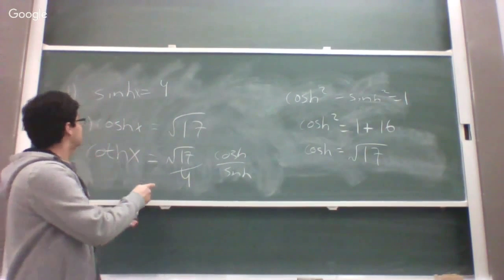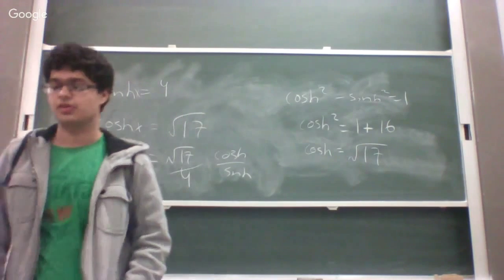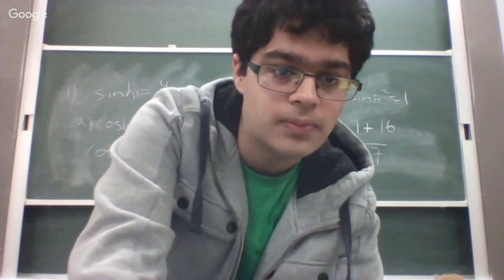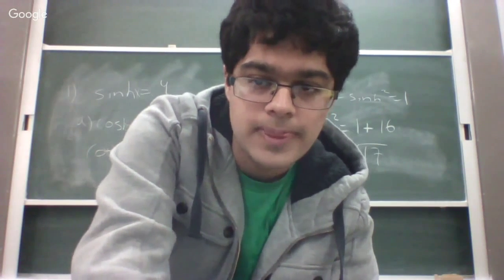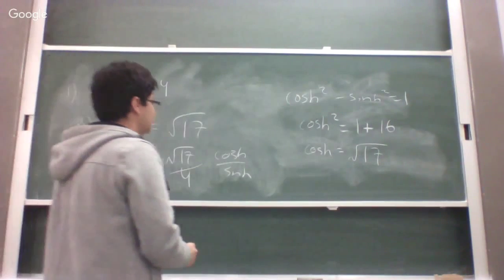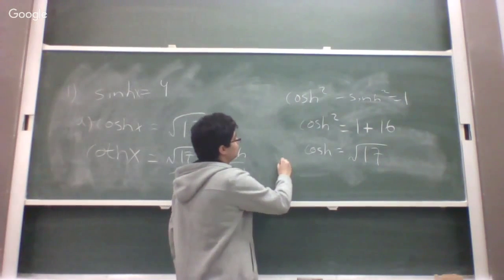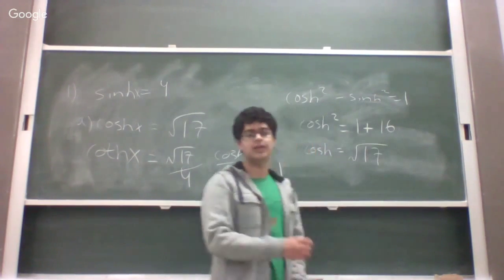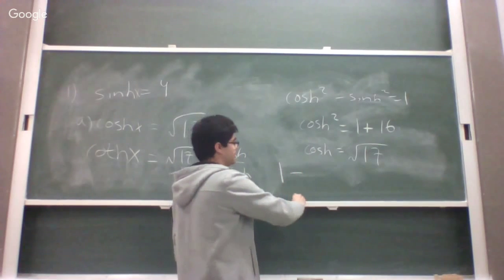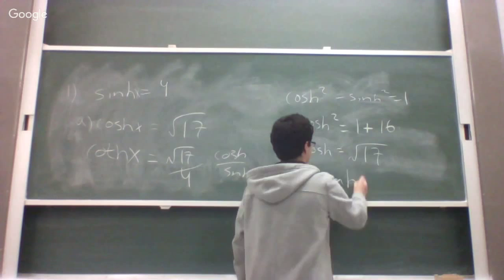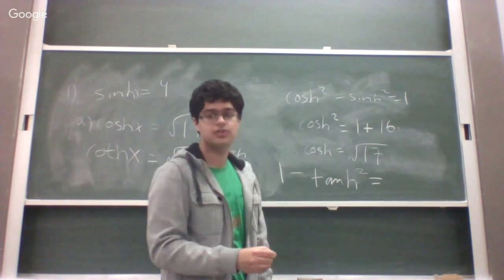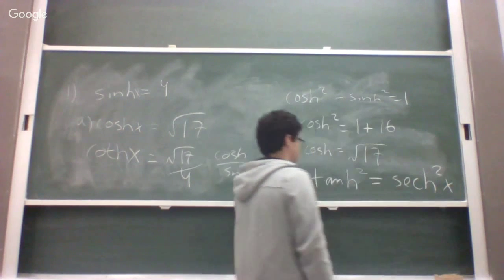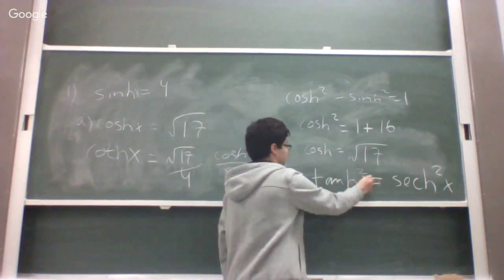So if they give us a tanh of x, what do you guys think we would use? Use the same thing, but divide everything by cosh squared. So you need one of these identities with tanh in it. Essentially it simplifies down to 1 minus tanh squared equals sech squared.